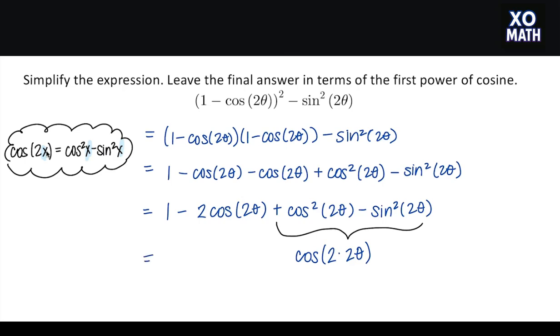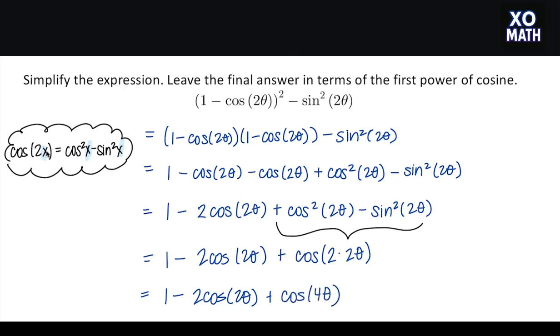And then I still have 1 minus 2 cosine of 2 theta in the front. So my final answer is 1 minus 2 cosine of 2 theta plus cosine of 4 theta. So we have taken our original expression and made it so that I only have the first power of cosine involved in each term.